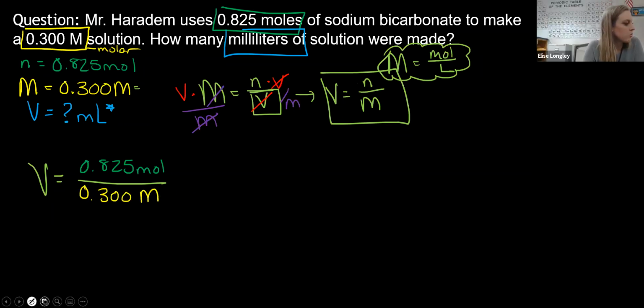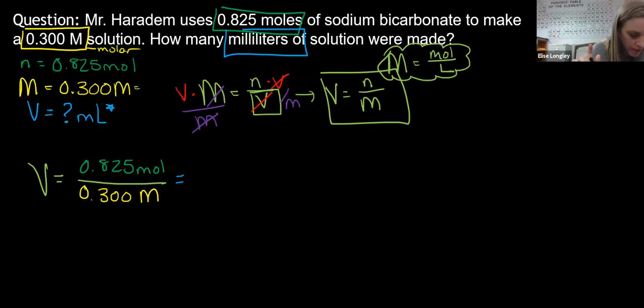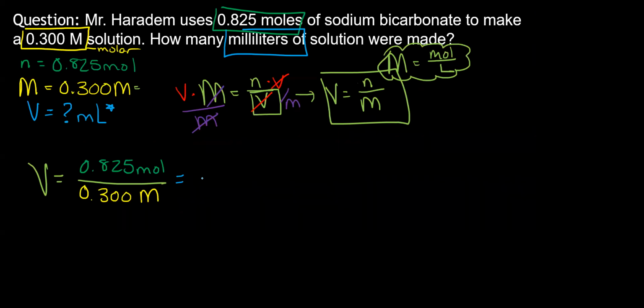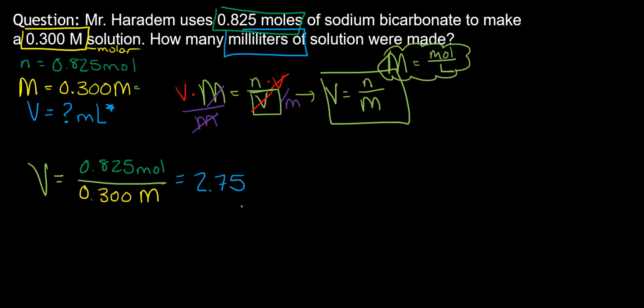And so that gives me what for my answer for my volume? Let me ask someone else. You did a great job. All right, Stina, tell me what you get out of the calculator. I got 2.75. Yes, you get 2.75. What unit is that? It would be milliliters.